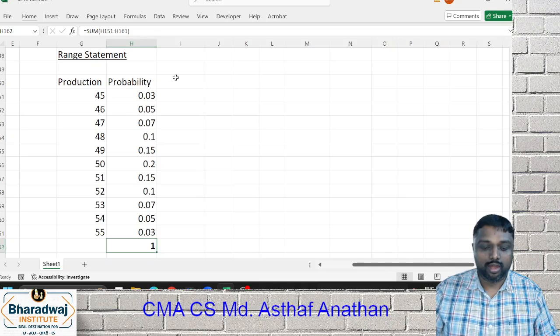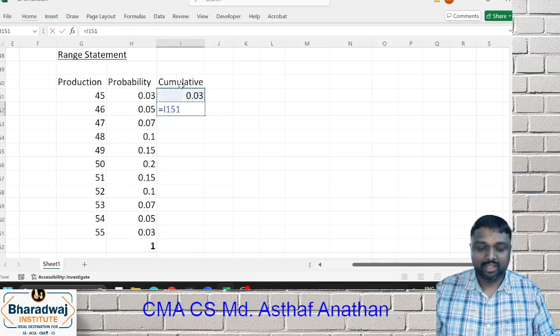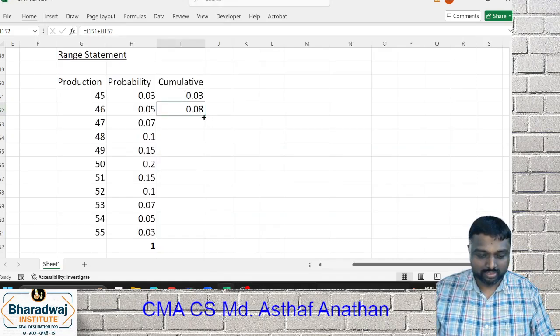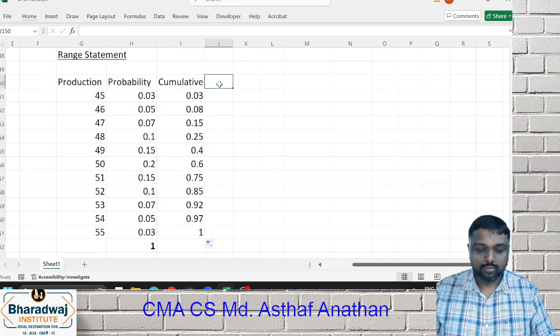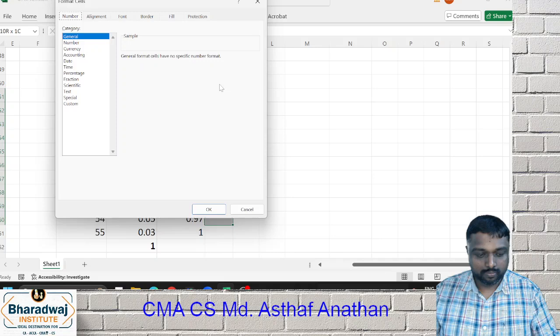So once you get the 1, you have to go forward to cumulative. So we have to take cumulative, we are experts. We did a lot of questions. Yes or no, friends? Now once you have done cumulative, we have to go for range. Range is a number between what?